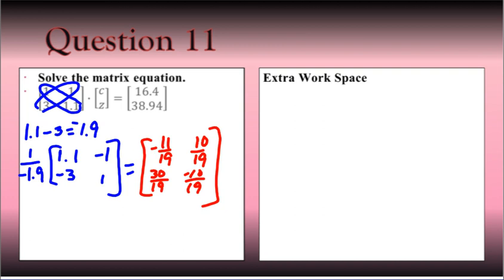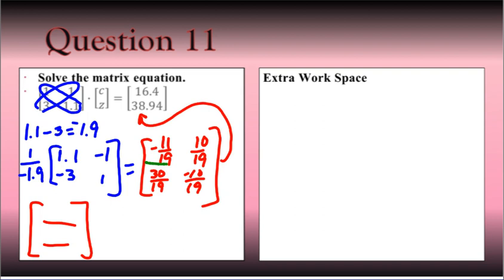So for this one, then I'm going to multiply that by this matrix here. And so if I have a 2 by 2 times a 2 by 1, my answer is going to be a 2 by 1. So I'm going to take row 1 times column 1.